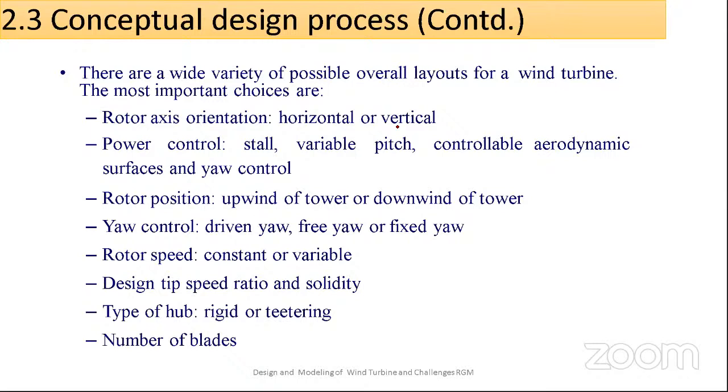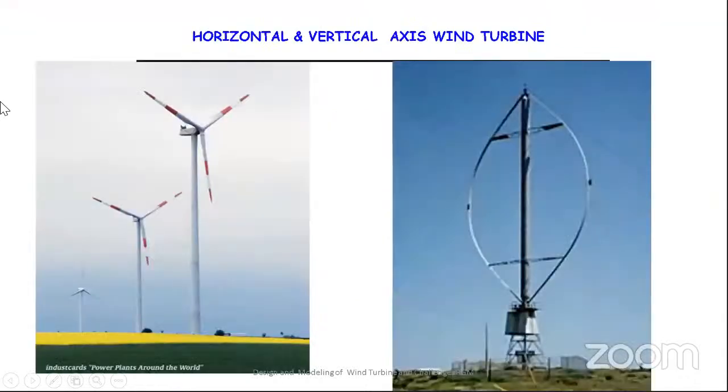Another conceptual design is the rotor axis, whether it is a horizontal axis wind turbine or a vertical axis wind turbine. In the horizontal axis turbine, the axis of orientation is parallel to the ground. Or it is going to be a vertical axis wind turbine. Here all the drivetrain components are placed on the top of the tower.